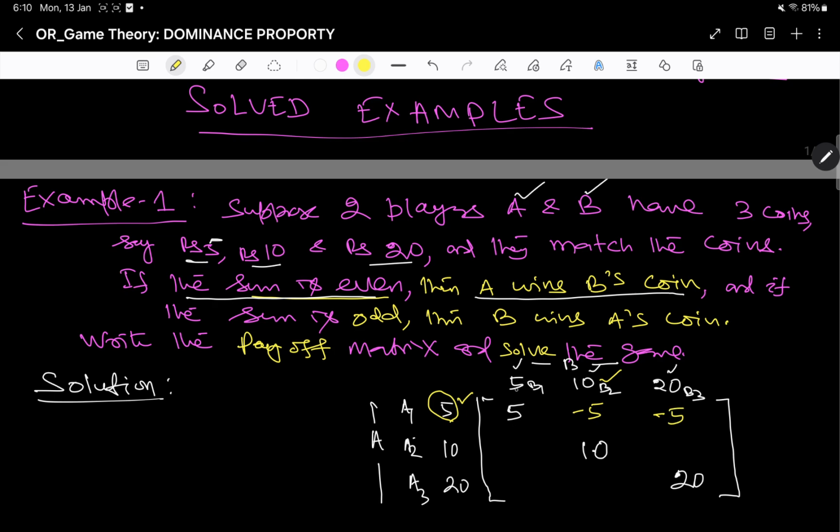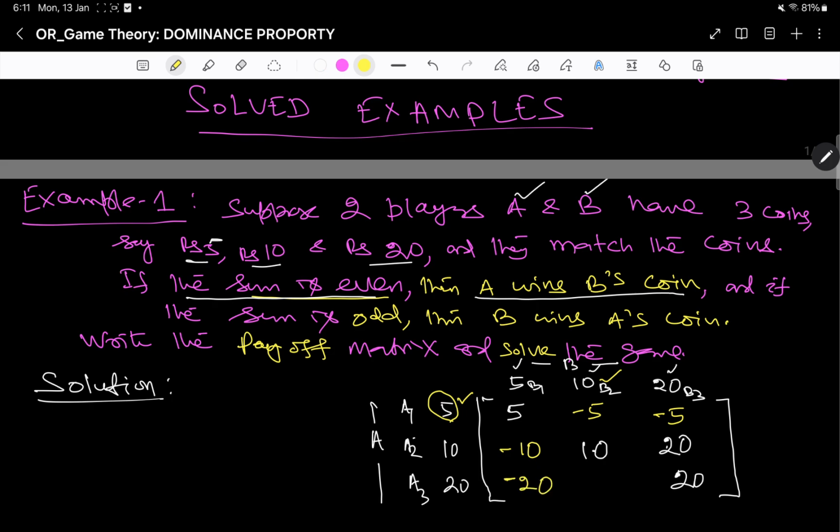Now 5 plus 10 is 15, odd. Odd means B wins A's coin, minus 10. Then 20 plus 10 is 30, even, so A wins B's coin, which means 20 here. Coming to this place, 5 plus 20 is 25, so B wins A's coin.